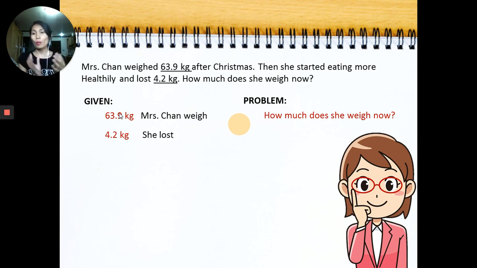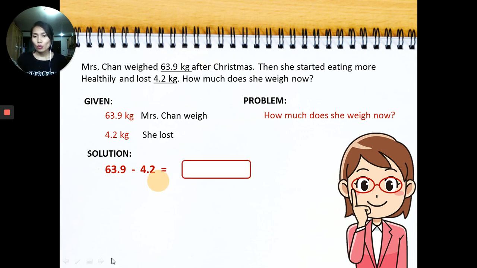When we're looking for how much is left, that obviously gives us the instinct that we're looking for a smaller number. So the solution is we will subtract. 63.9 minus 4.2. 63.9 is the original weight, and 4.2 is the weight that was lost. Okay, so let's try to see.